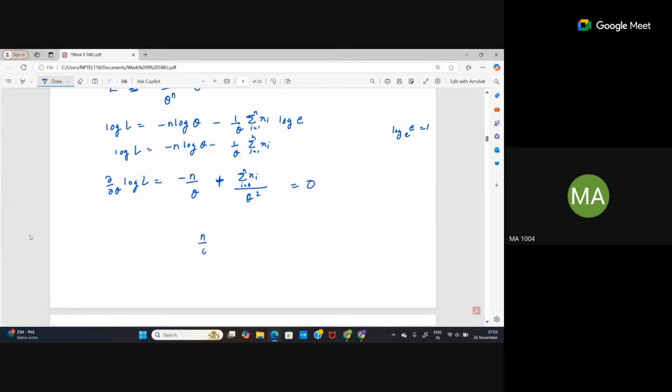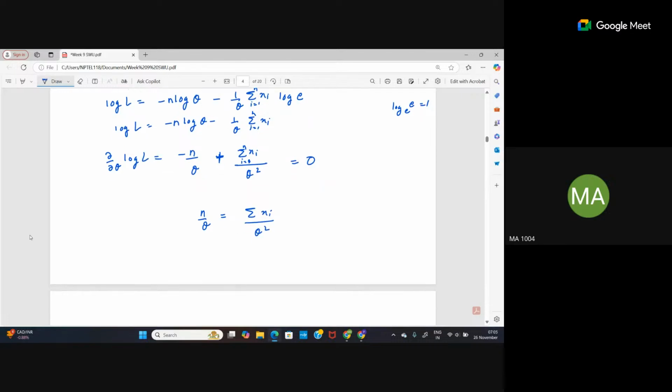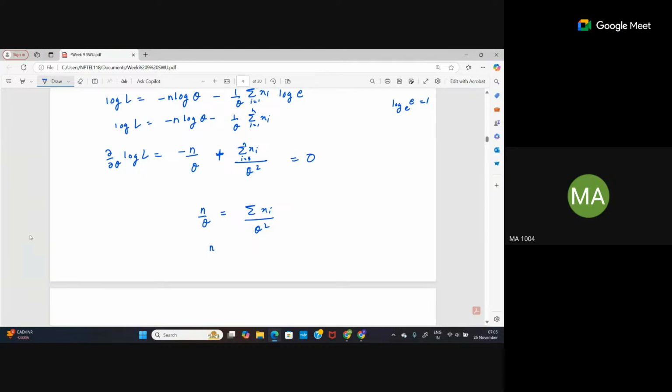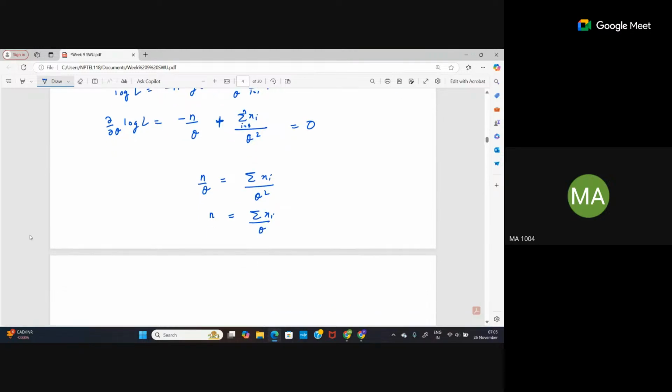So n by theta will be equal to summation of xi divided by theta square, right? Now here we can see that one theta will be cancelled out. So n will be equal to summation of xi divided by theta. So theta will be equal to summation of xi's divided by n.